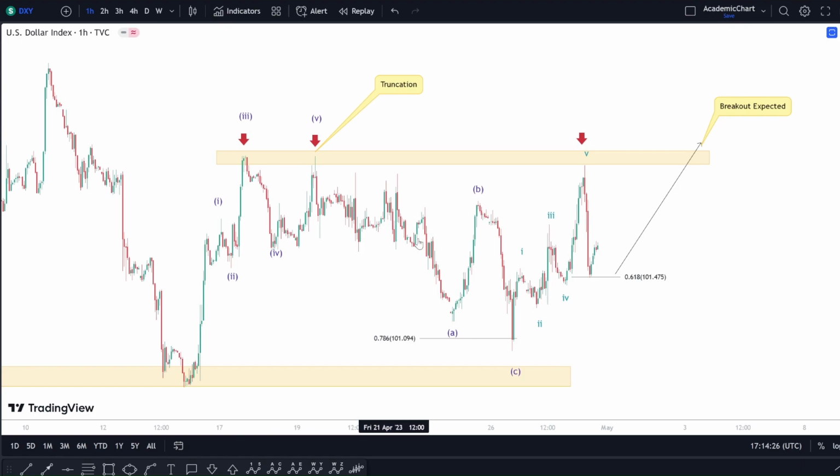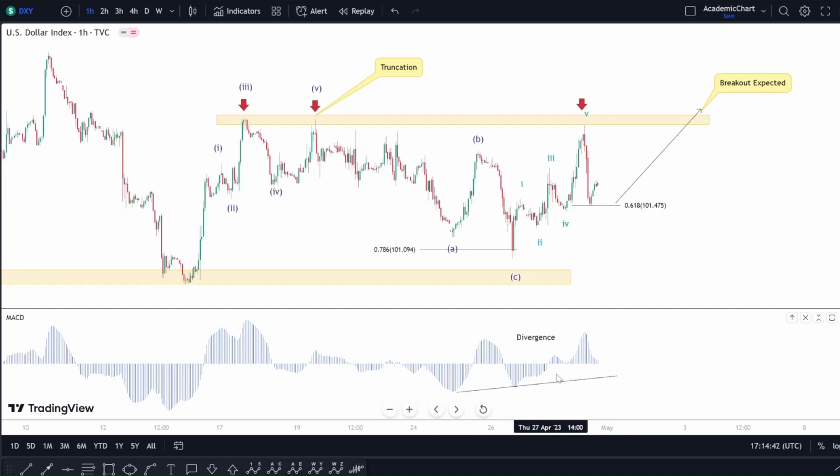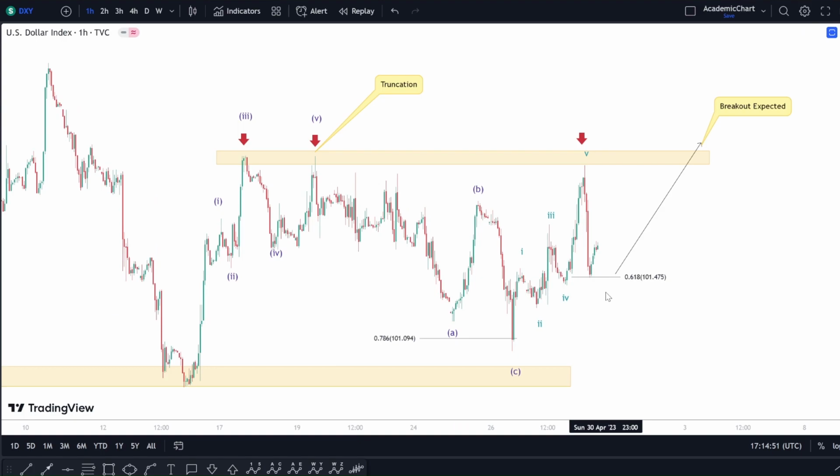Again, a consolidation, in more detail, is obvious here, to 78 percent, which is actually the correction of this previous impulsive wave. This ABC has also created a divergence on the MACD, which is another signal of the reversal and the ending of this ABC corrective structure against the main trend.